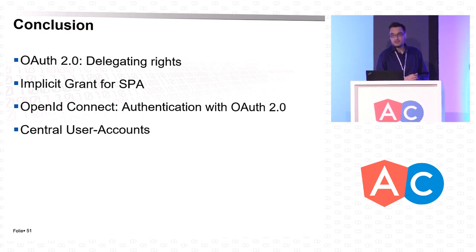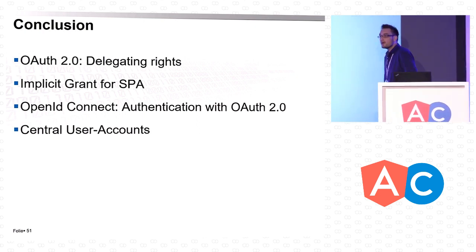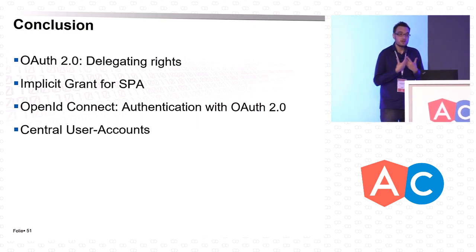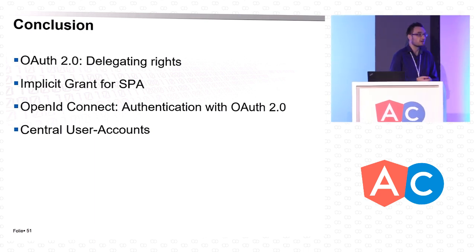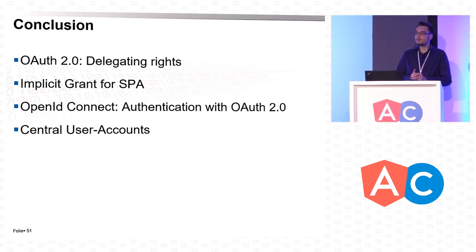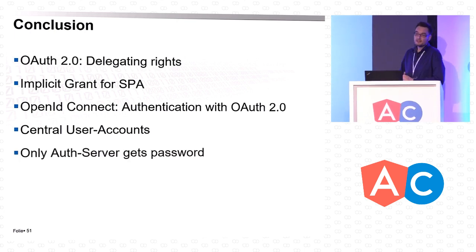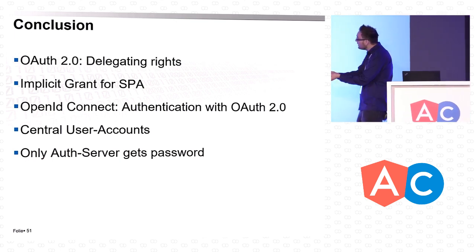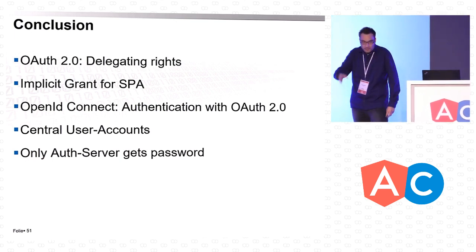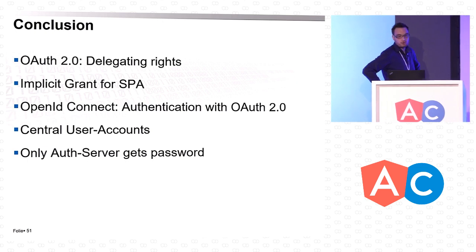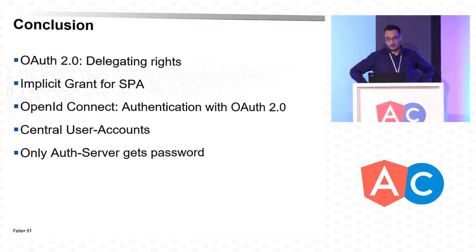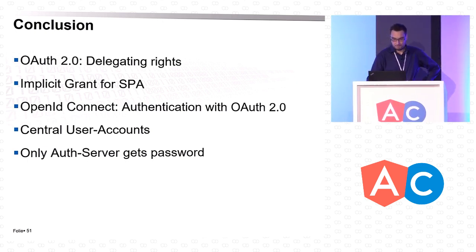And we've also seen that OAuth 2 and OpenID Connect allow us to use central user accounts that we can use for several applications. And we have also seen that when we are using OAuth 2, we don't have to pass our passwords into the client. We just have to show our passwords to the authorization server.